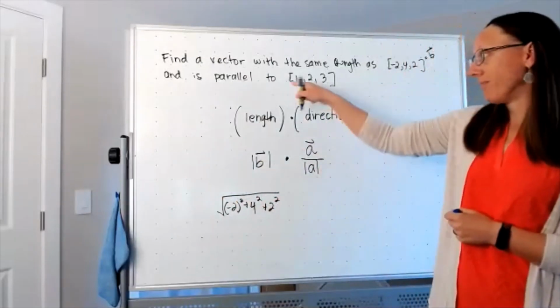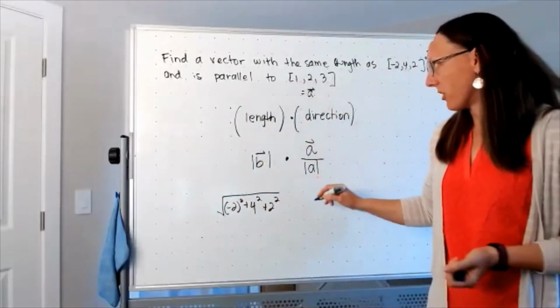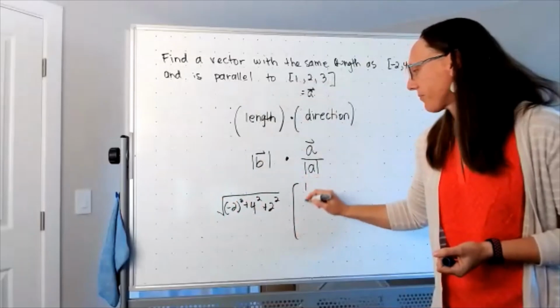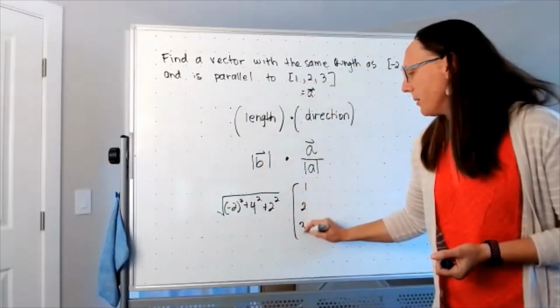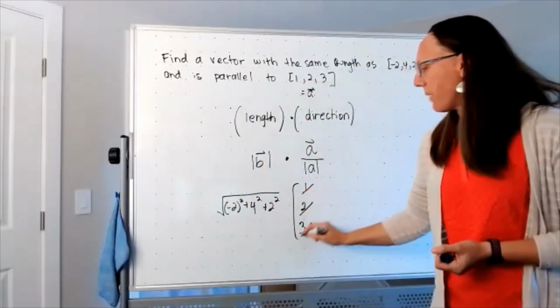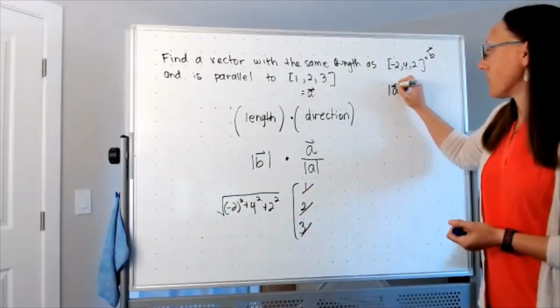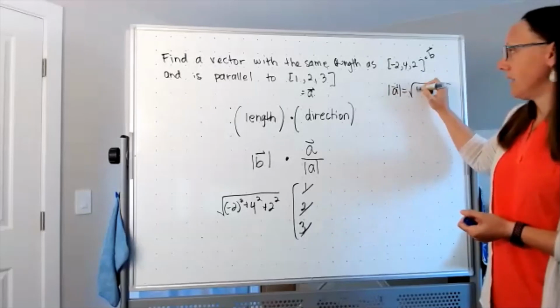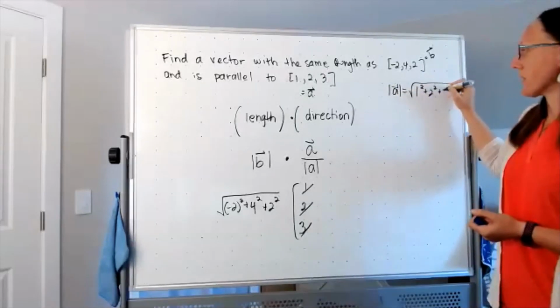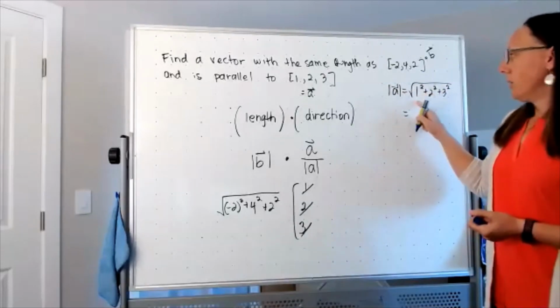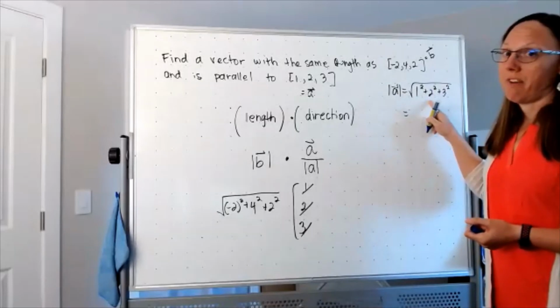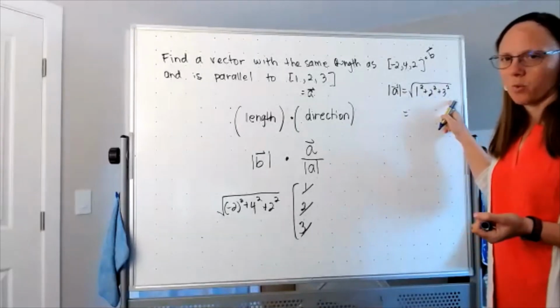And our direction would look like that vector, 1, 2, 3, but with each term divided by the length of the vector. So I need the magnitude or the length of A, 1 squared plus 2 squared plus 3 squared, 1 plus 4, I'm at 5, plus 9, square root of 14.